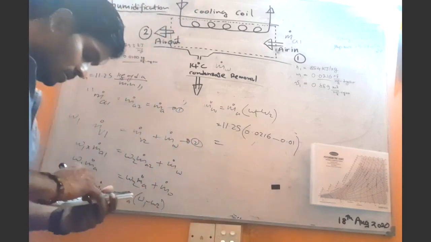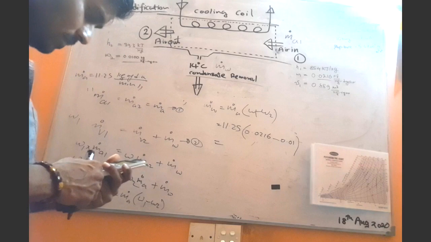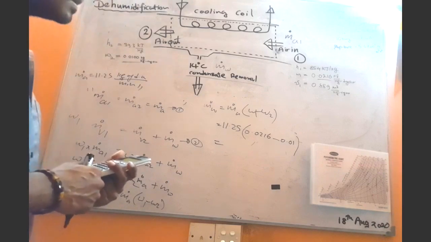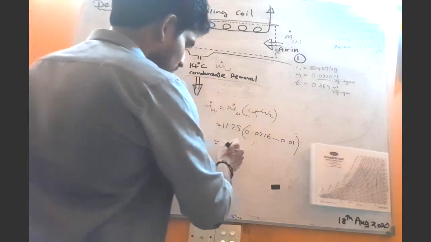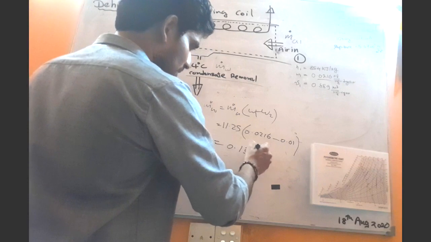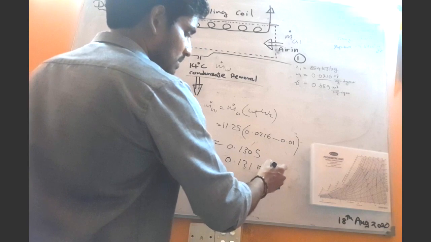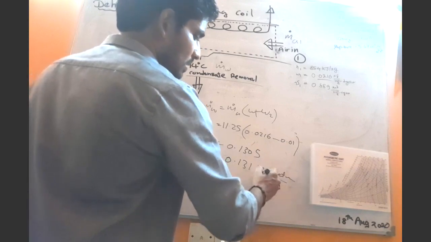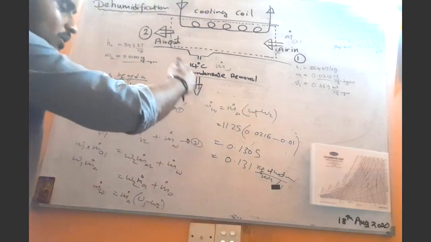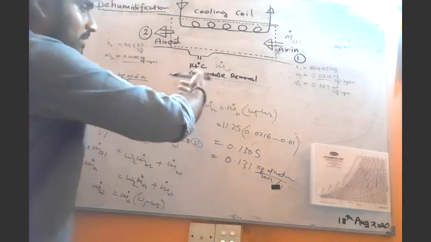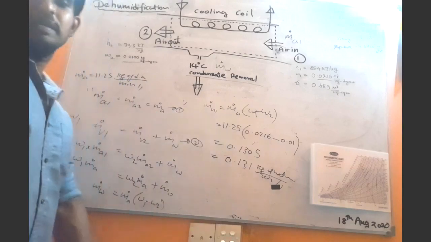So 11.25 multiplied by 0.0216 minus 0.01, the answer will be 0.1305, let's say 0.131 kilograms of water in a minute. So that is mw dot. The rate of condensate removal is 0.131 kilograms of water in a minute.